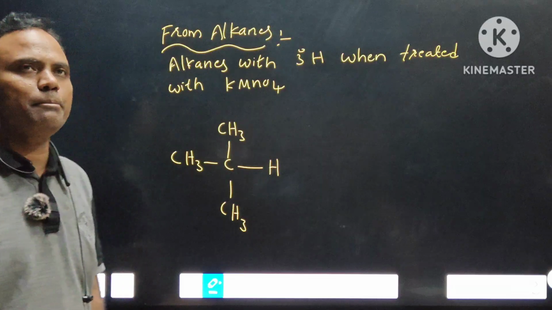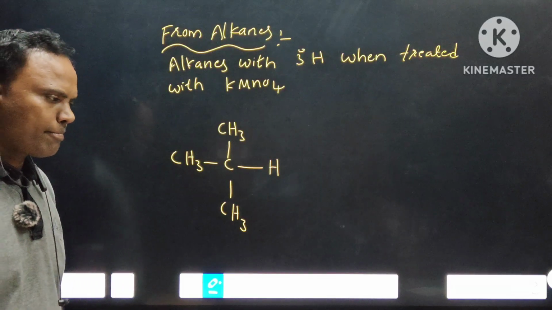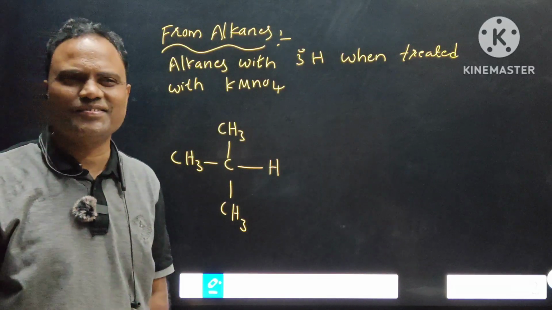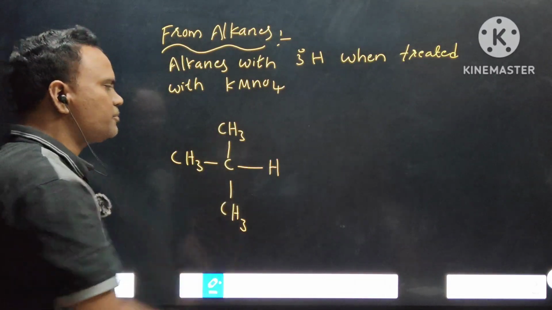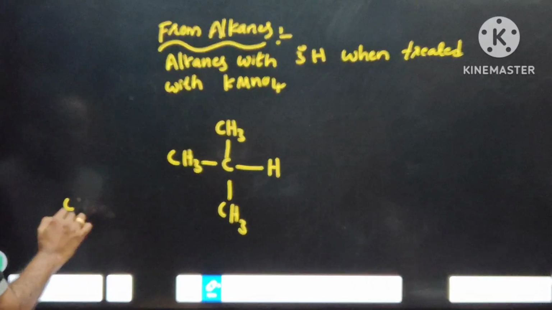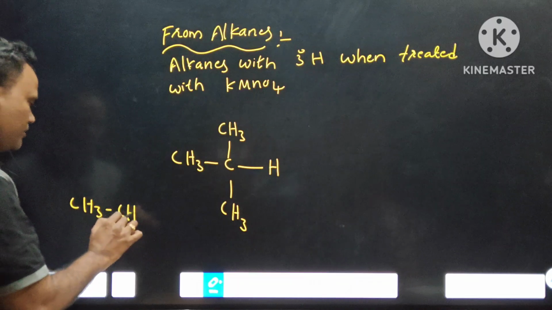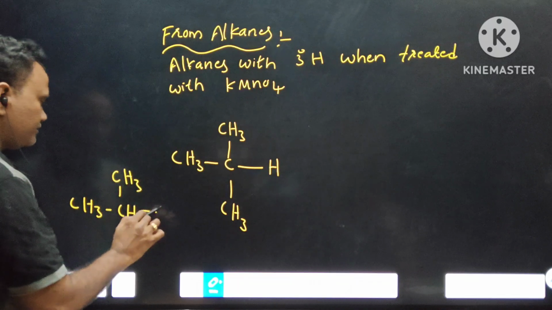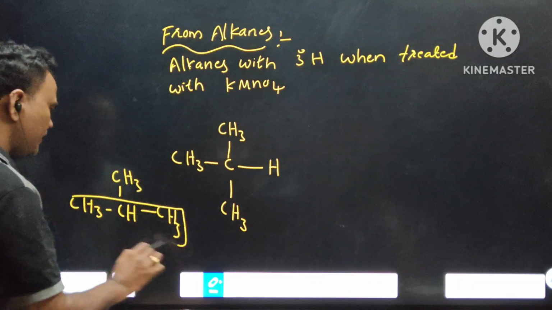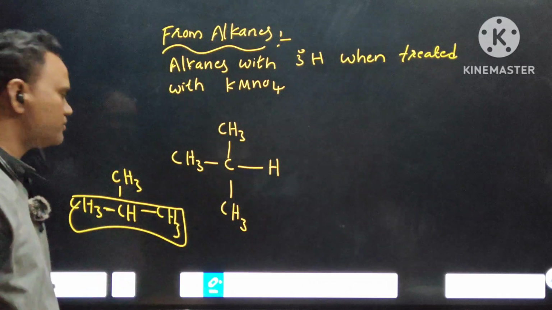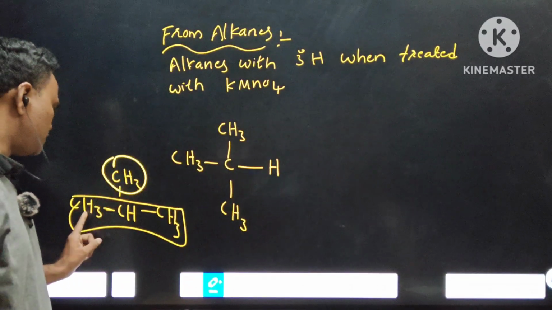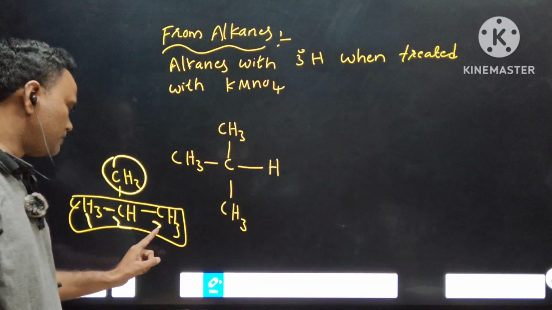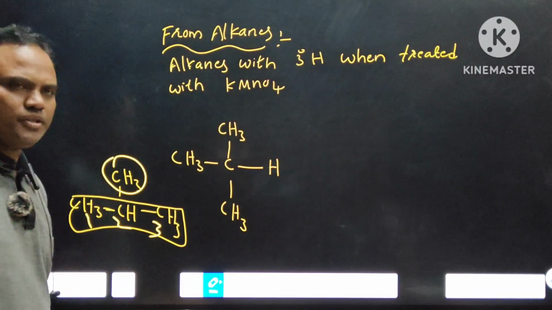Select the longest chain. 2-methyl propane. This is a simple compound. Second position methyl group is there. 1, 2, 3. 2-methyl propane.